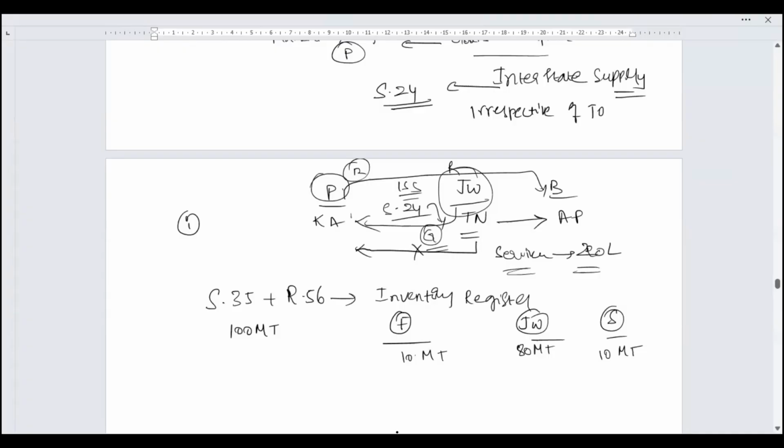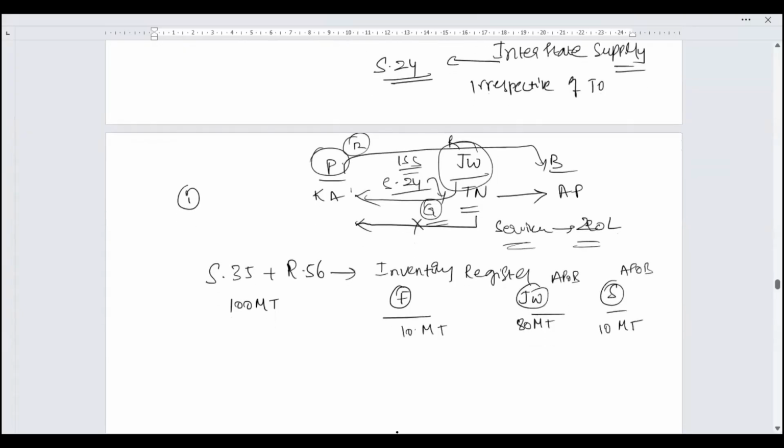Now, if you don't add this as your additional place of business, the provision says that it is deemed to be supplied. That means to say this 90 metric ton, though it is in your inventory, though you have not billed to your customer, law says that it is deemed to be supplied, pay GST on this goods. Is it worth to pay GST or is it worth to add this as an additional place of business?